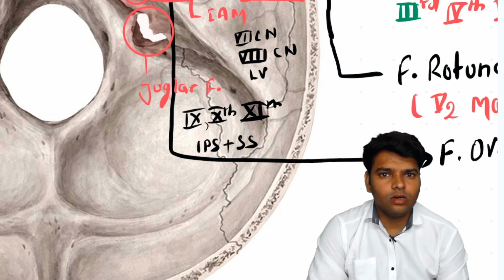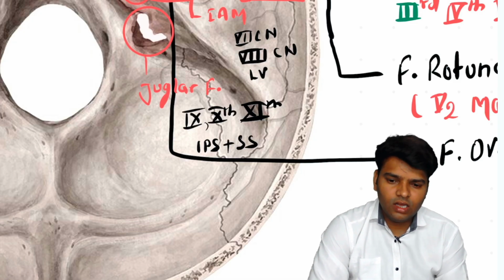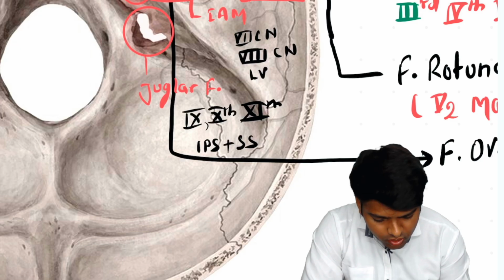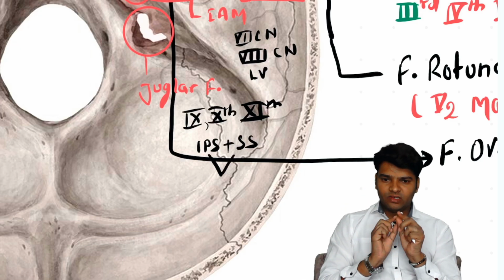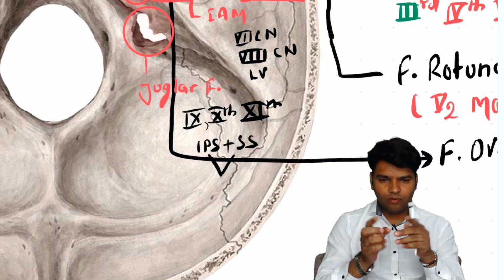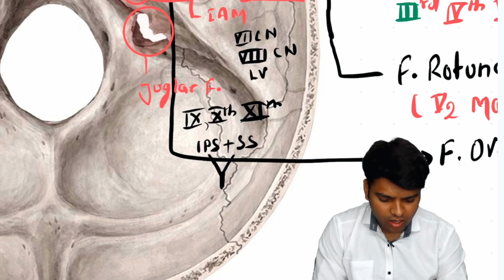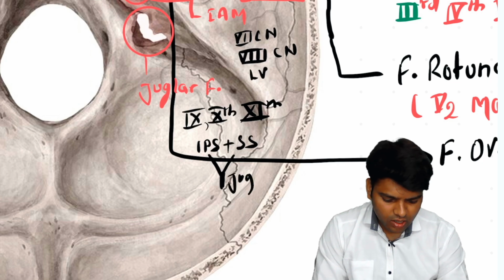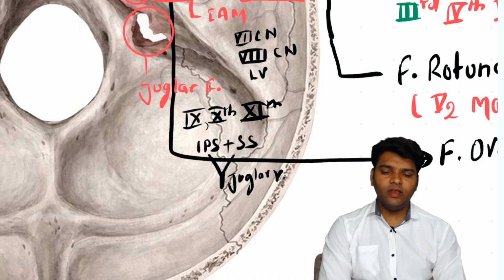Please don't write the short form. The inferior petrosal sinus and sigmoid sinus both meet together just after passing through the jugular foramen and form the jugular vein.